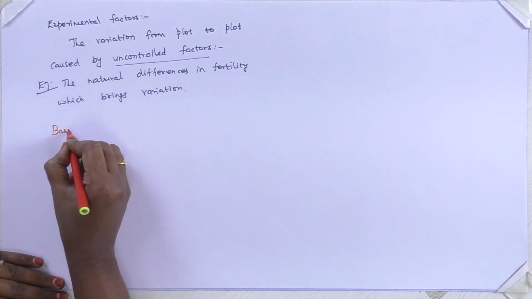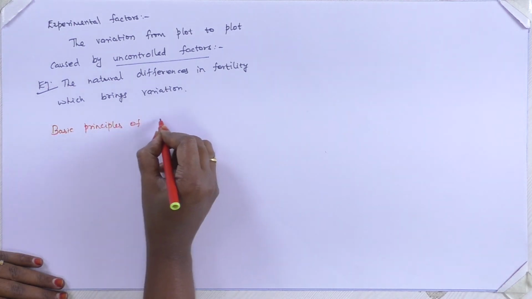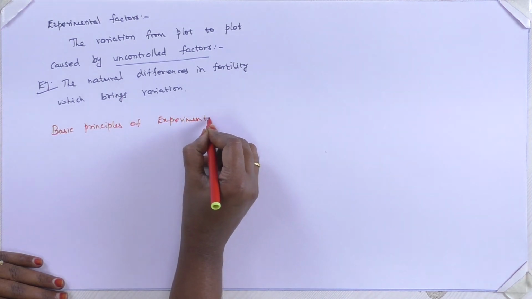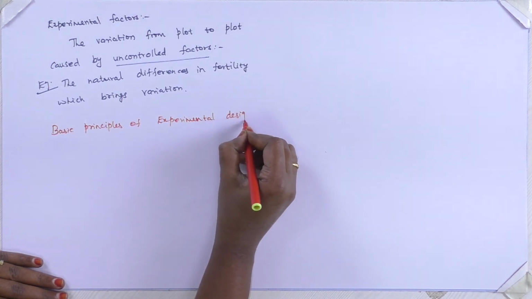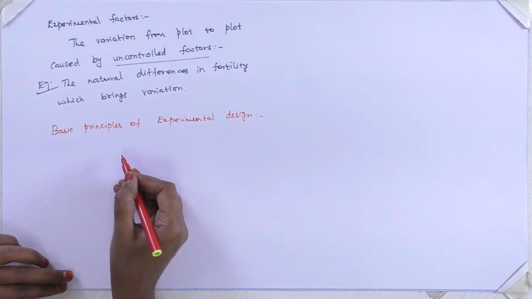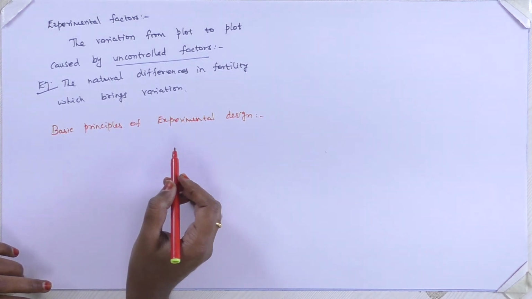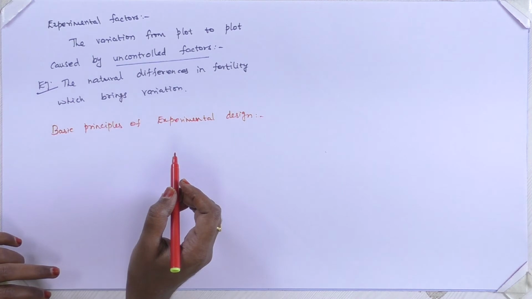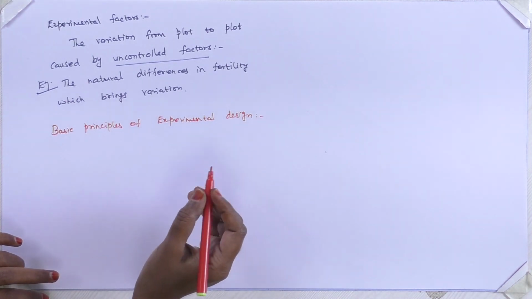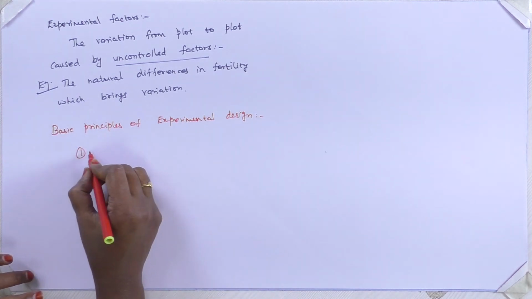Now, basic principles of experimental design. According to Professor Ronald A. Fisher, the basic principles of the design of experiments are: first one, replication.